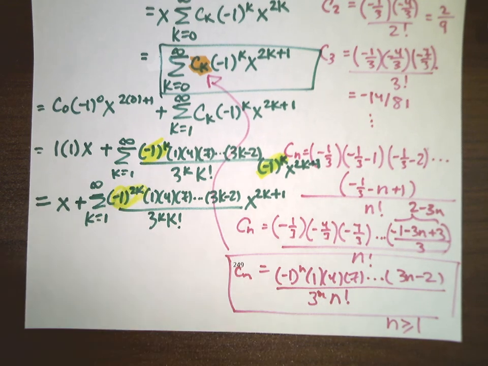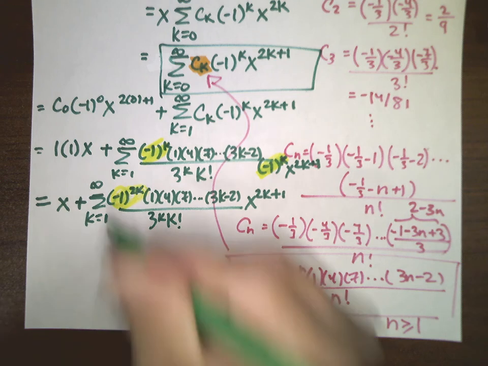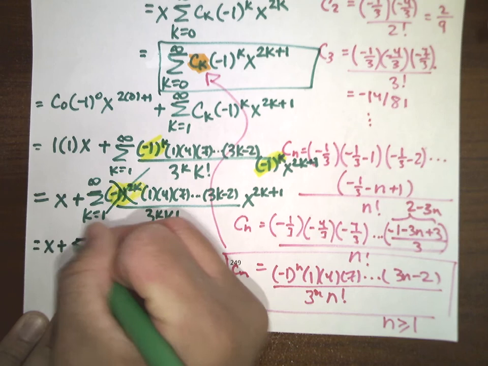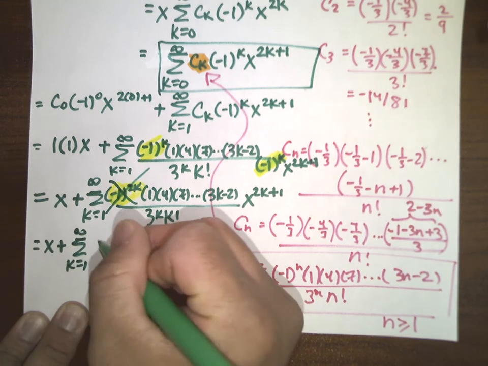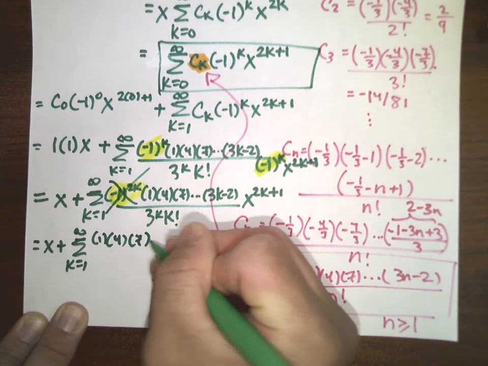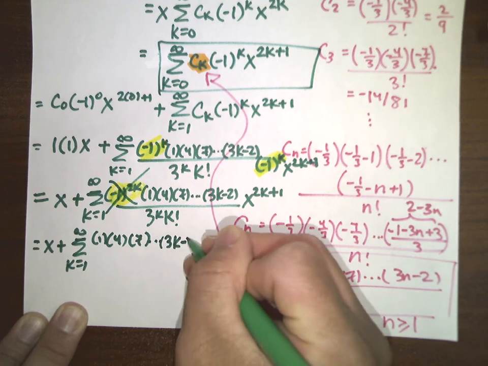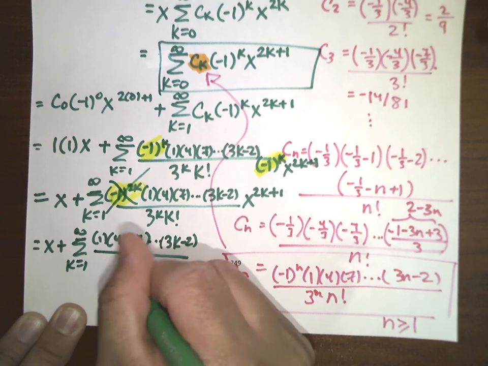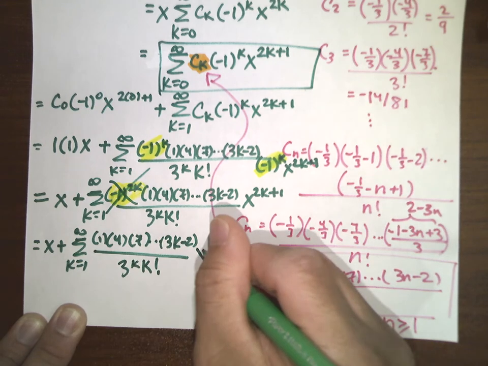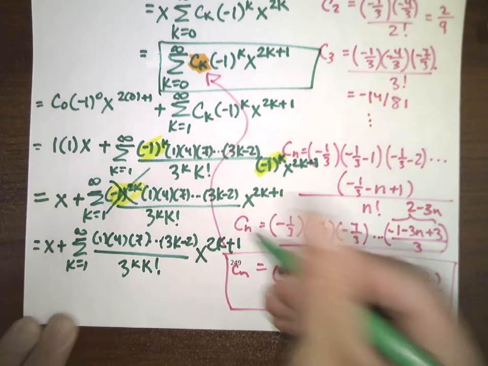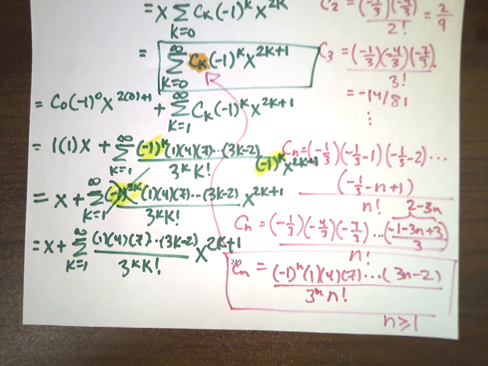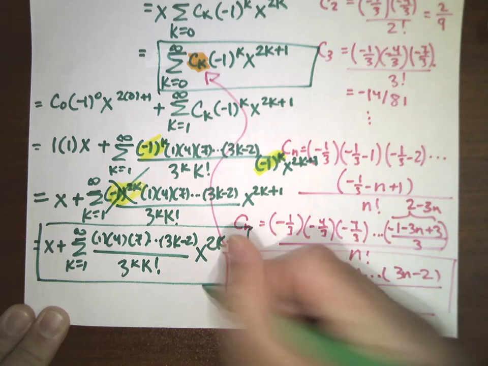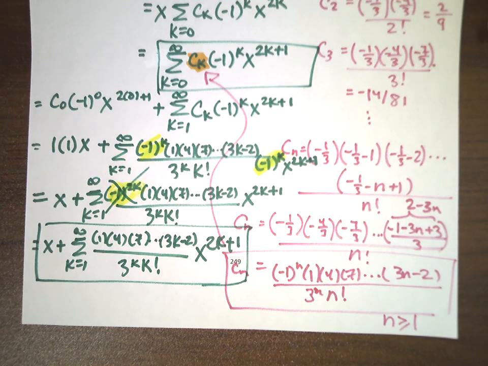So now we can drop that factor from the summation. So it's x plus the sum k equals 1 to infinity of 1 times 4 times 7 all the way to 3k minus 2, all over 3 to the k factorial, and then x to the 2k plus 1. So this is my series here.